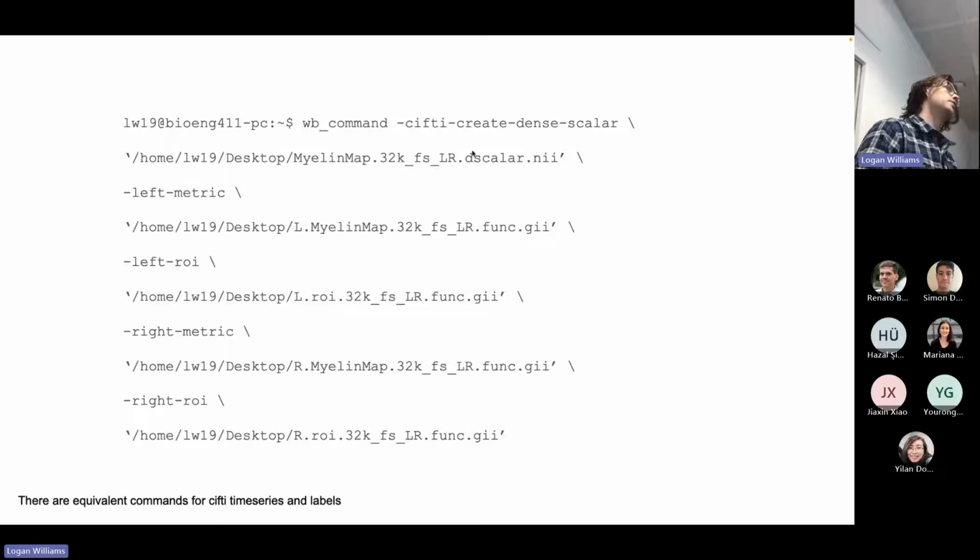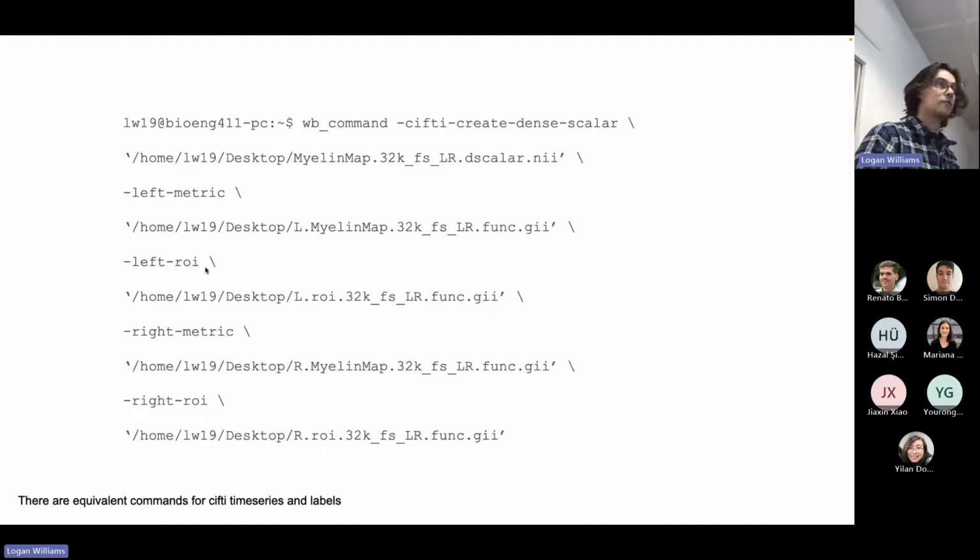We first specify what we're going to call this file, which is a dscalar. We take our left metric, and we only include vertices. This left ROI is a mask that says I want to only include everything that is in the cortex, and I want to exclude everything that is midbrain. So basically you want to exclude stuff from the cut. And you do the same thing for the right hemisphere.